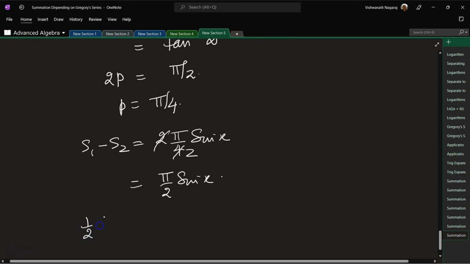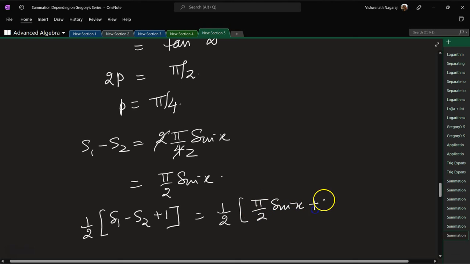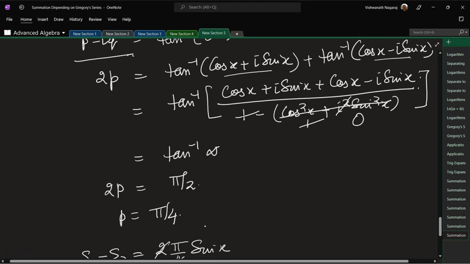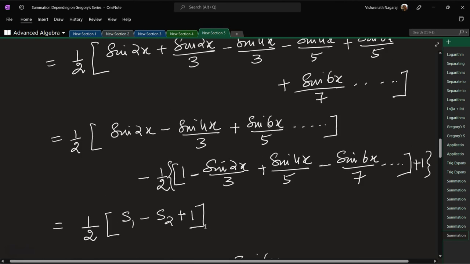So half of S1 minus S2 plus 1 would be equal to half of pi by 2 sin x plus 1, which gives us pi by 4 sin x plus half. So that is the expression for evaluating this series.